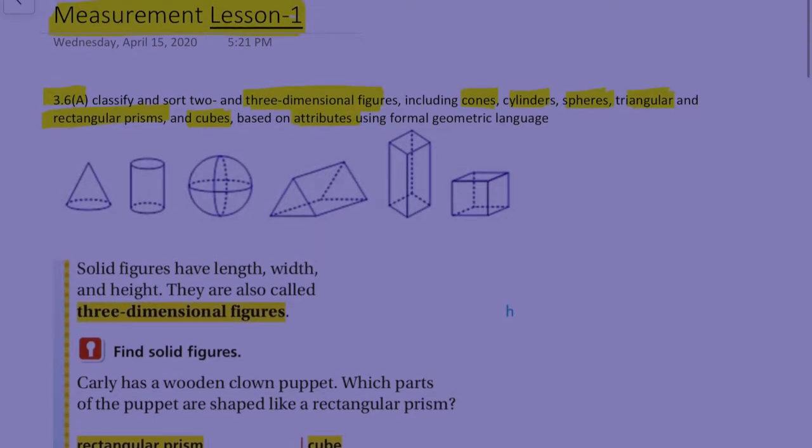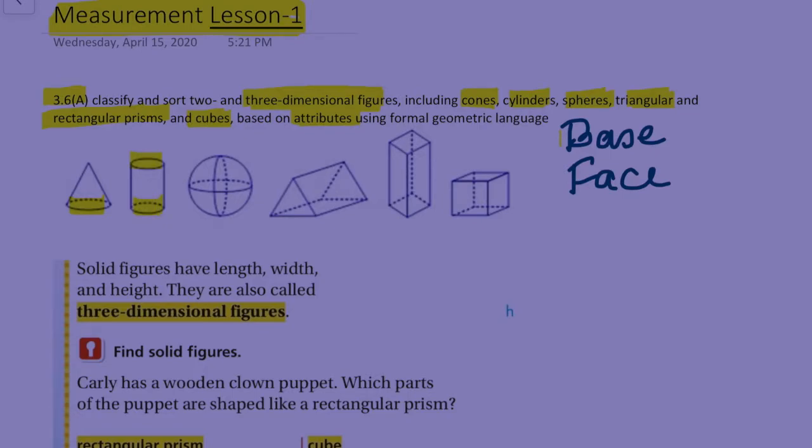So the first one, let's talk about the face or the base. What is a base or what is a face? I'm going to take a highlighter. Right here, this is the base, and you can call it a flat face. The cylinder has two flat faces.